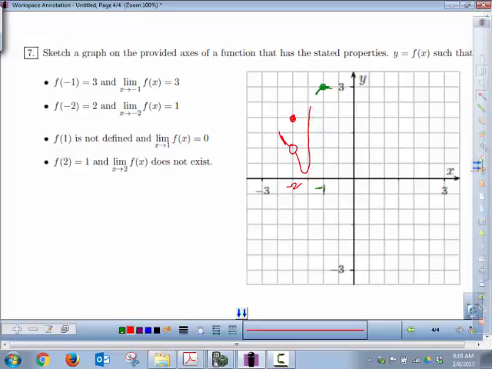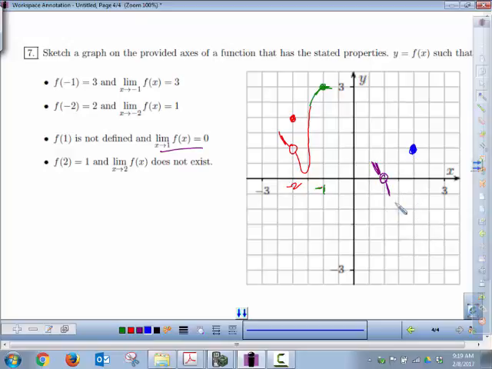So I might connect it a little differently this time. At positive 1, it's not defined, but there's a hole. What color was positive 1? Purple. There's a hole at 0, so I know I'll be approaching this. And then at 2, it's equal to 1, but the limit is not defined.